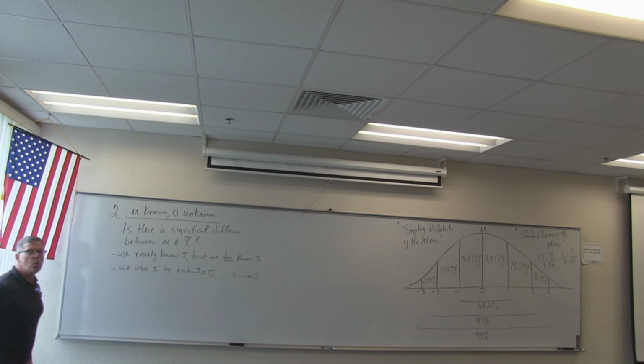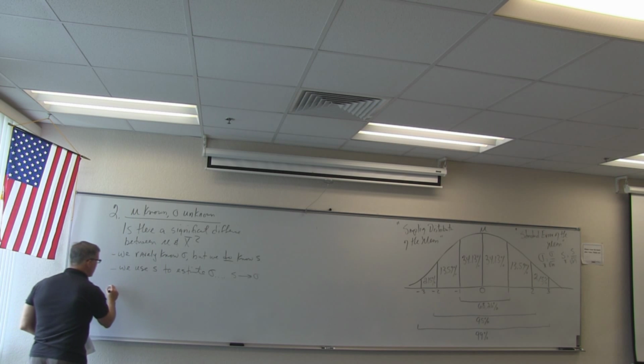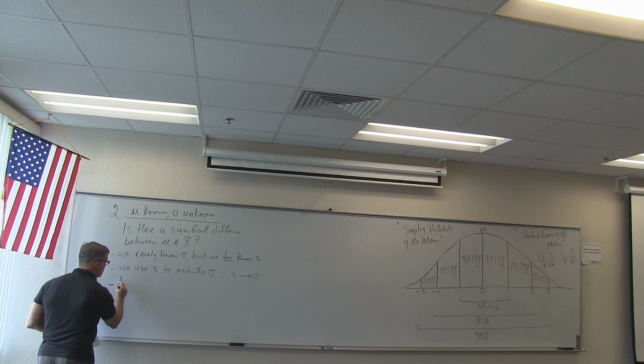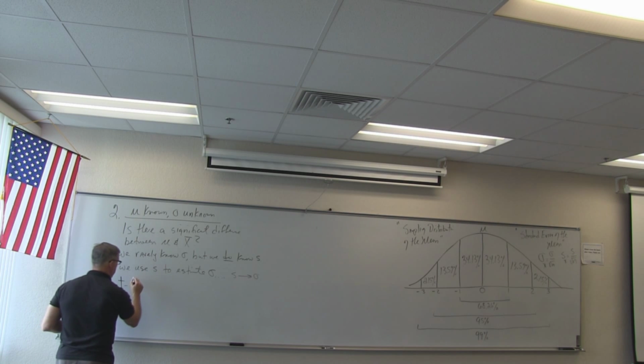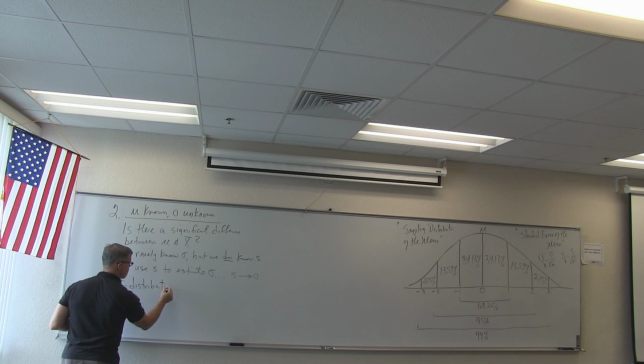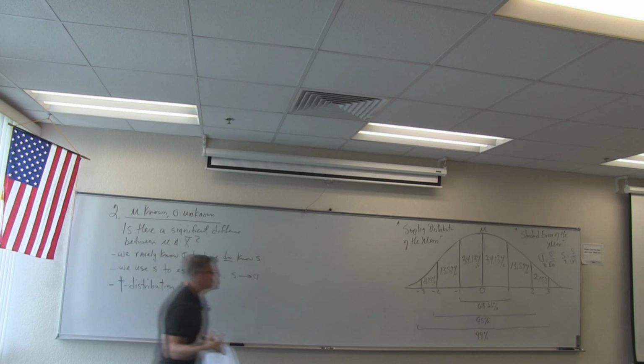Where before we were working in a distribution of Z, we now are working in a new sampling distribution of the mean called the T distribution. So we have a distribution of T.